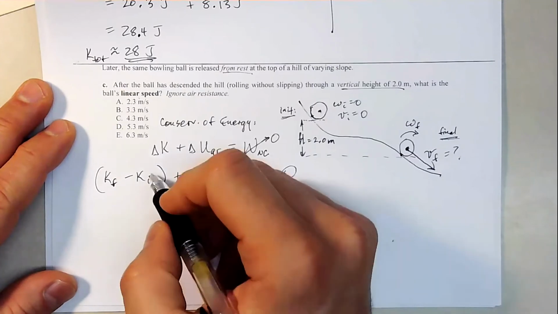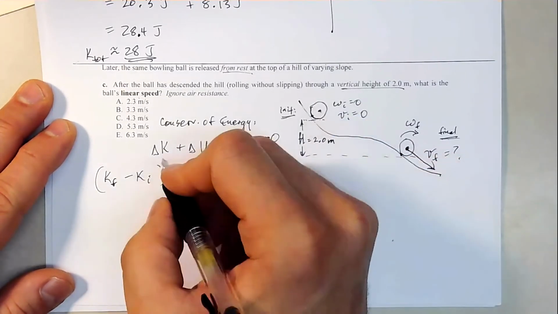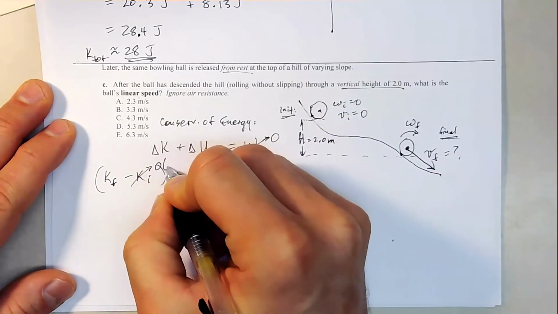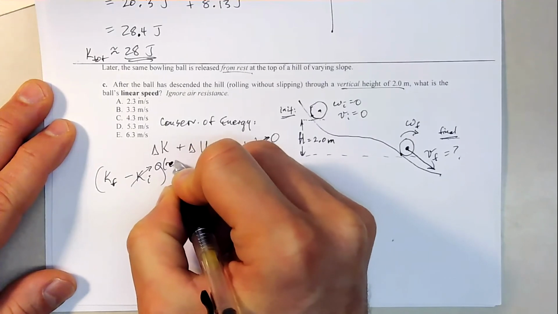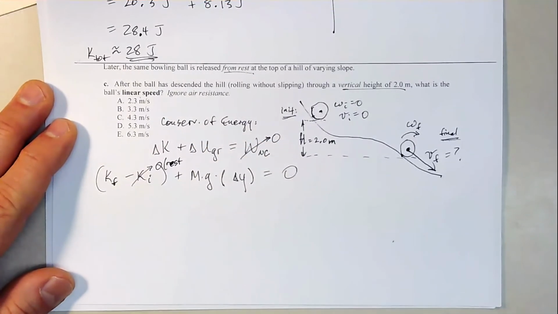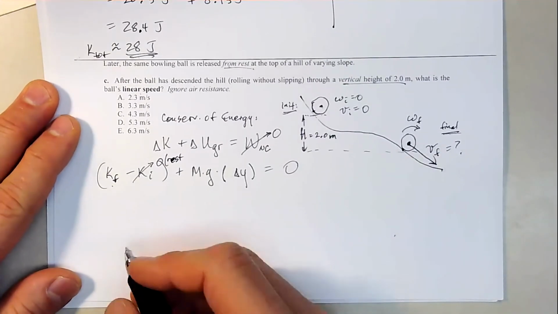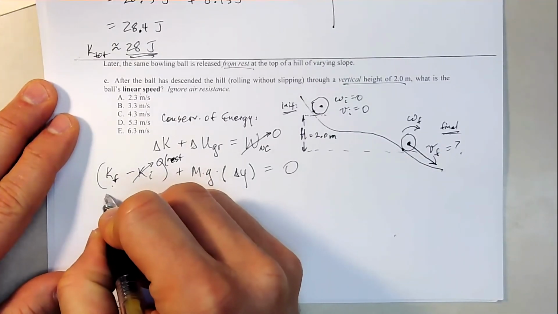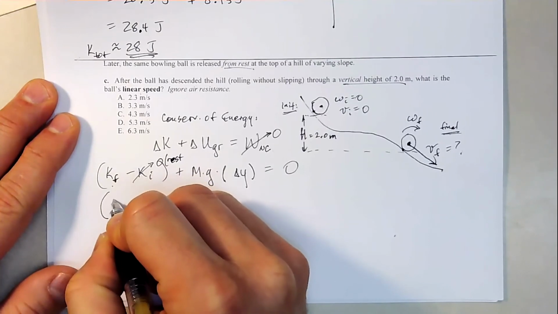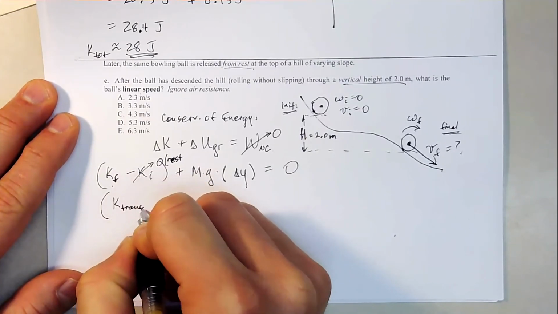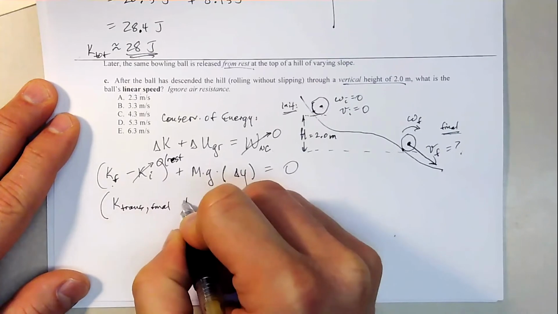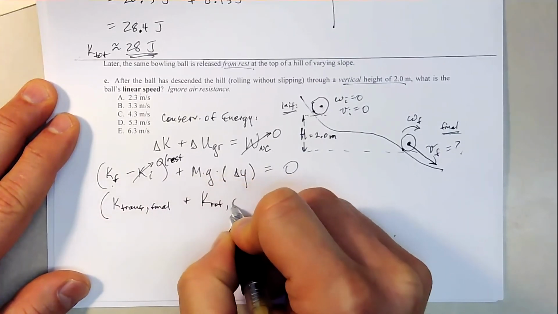Now we know that the object starts from rest. So this initial kinetic energy will be 0. Let me go ahead and set that equal to 0 now, so I have less to write on the page. The final kinetic energy at the bottom is going to be the total kinetic energy. So this is going to be K translational final plus K rotational final.